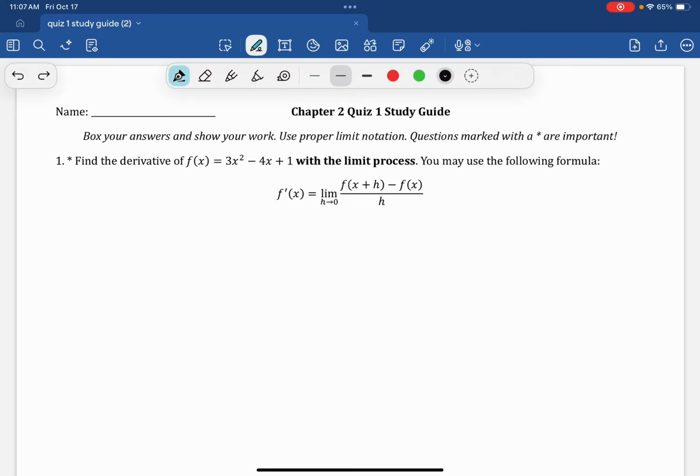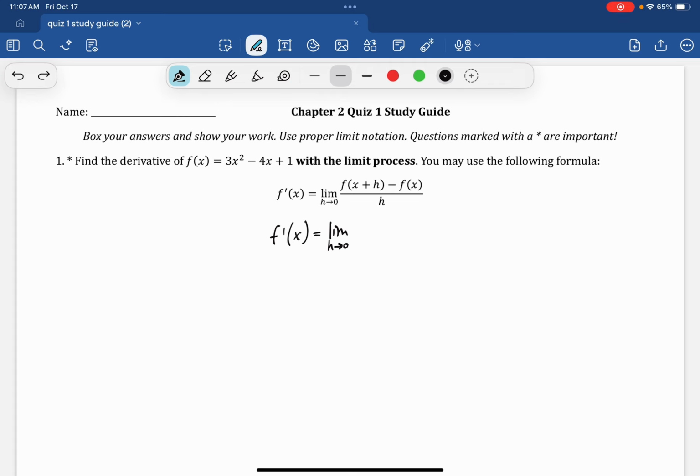And so all we do now is we simply plug in our function into this formula here. And so we're going to do that. F prime of x, remember the prime means it's a derivative, is equal to the limit as h approaches 0 of, and now here we're going to do f of x plus h.